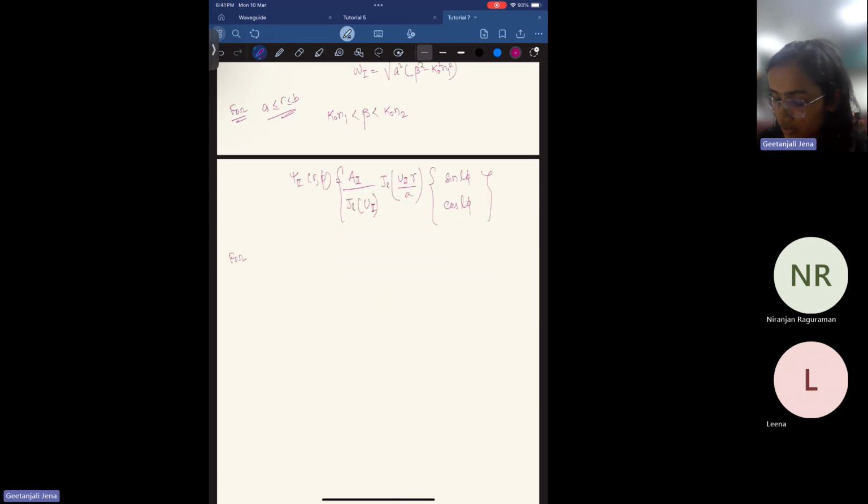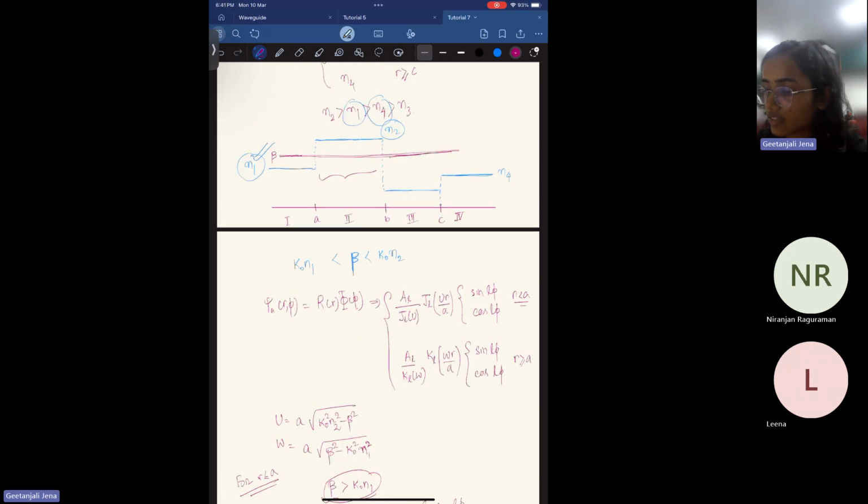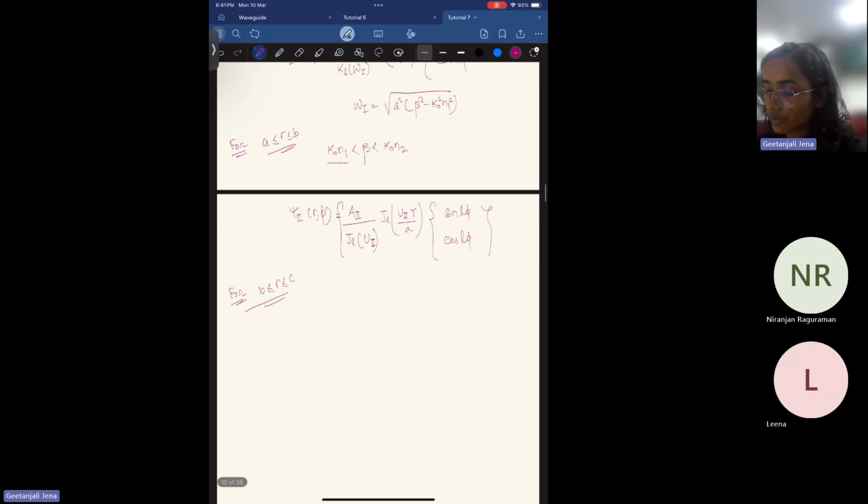Now for B to C, in this region also beta is greater than K0 N3, right? So this value is N3 here. That means the solution would be similar to a cladding solution.